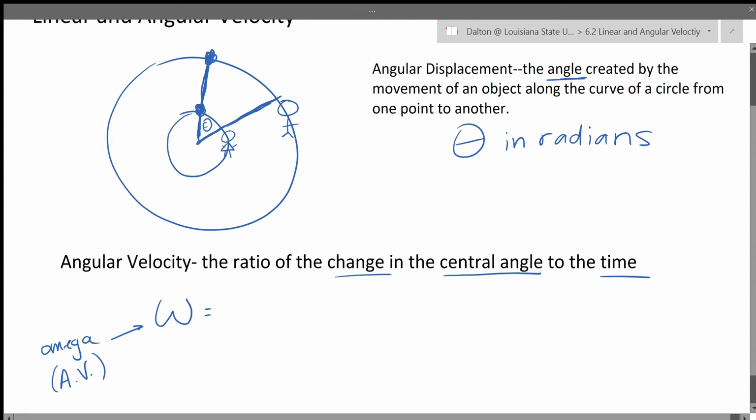That change in the central angle will be theta over t, where theta is the angular displacement in radians. So you need angular displacement before you can find the angular velocity.